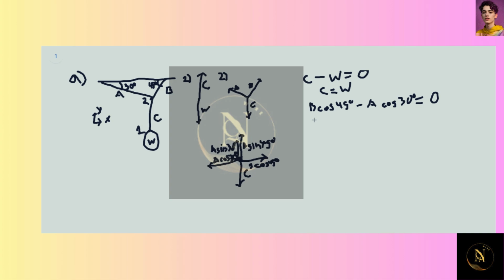And here we have B sine of 45 degrees plus A sine of 30 degrees minus C is equal to 0.